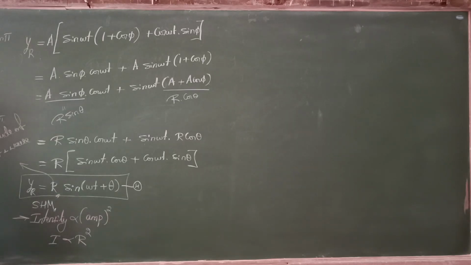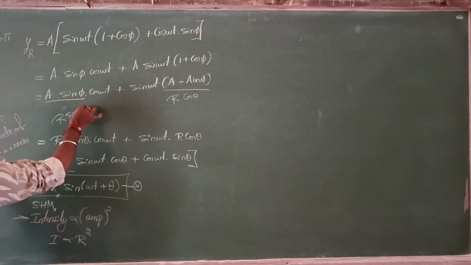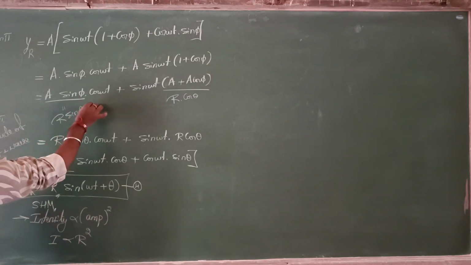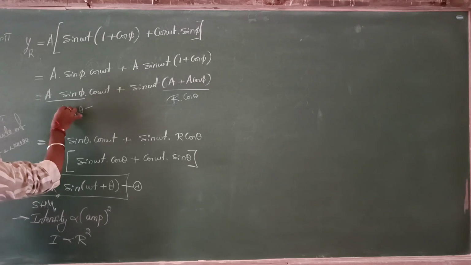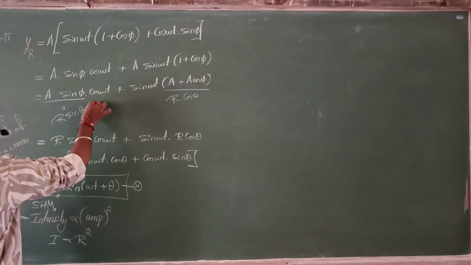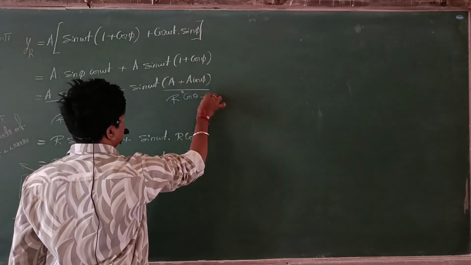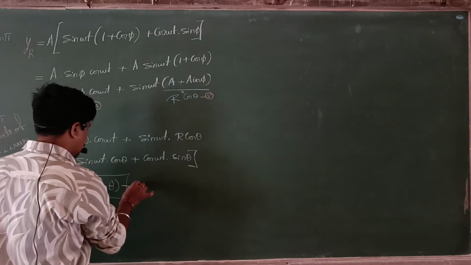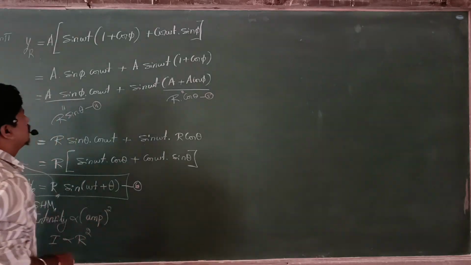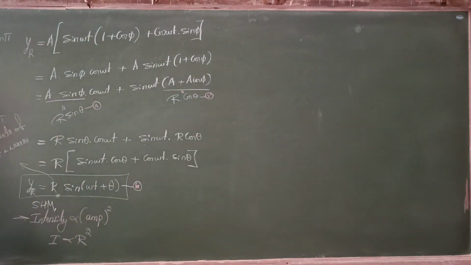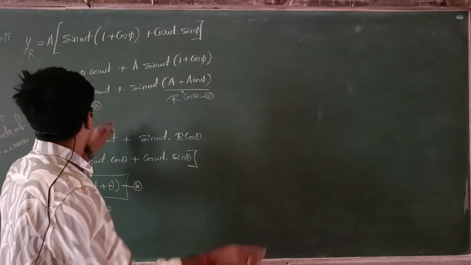So from the equations, give this equation number 4, give this equation number 5, and give this equation 6. So from equations 4 and 5 we can write r square.